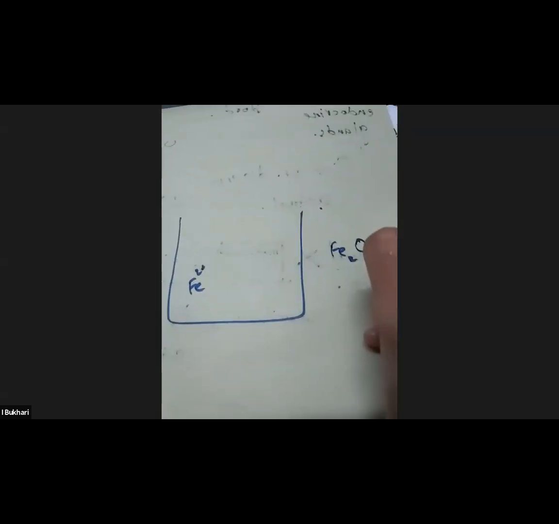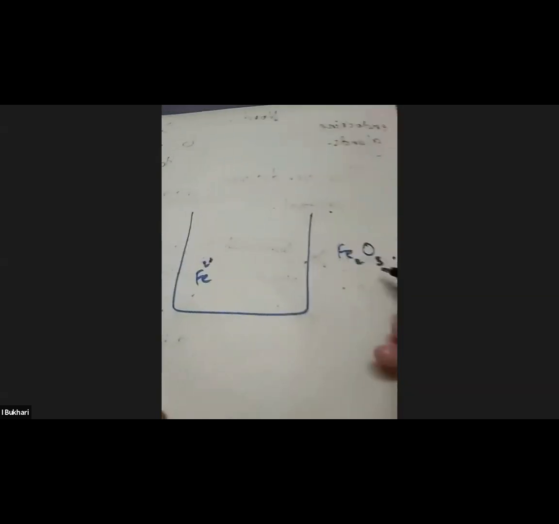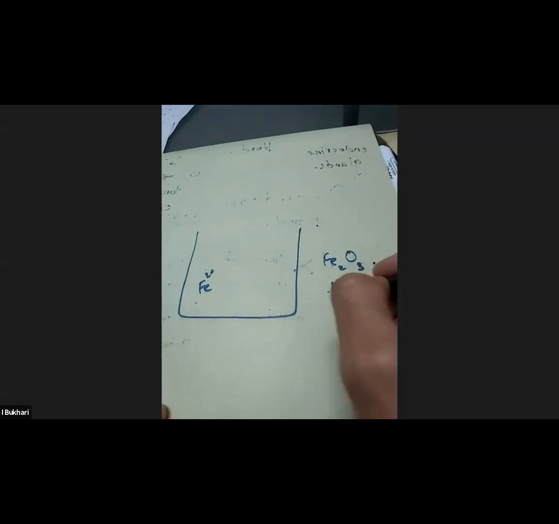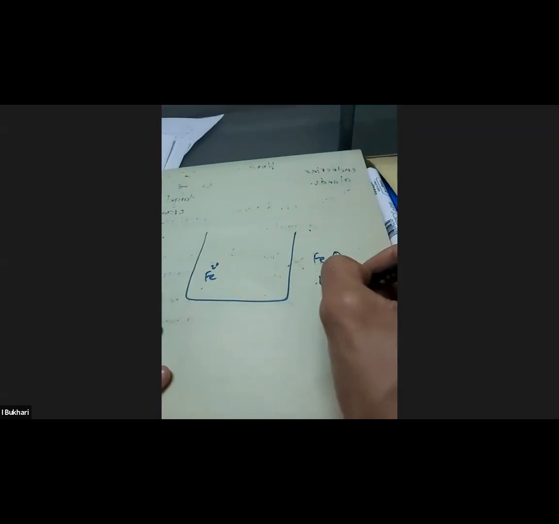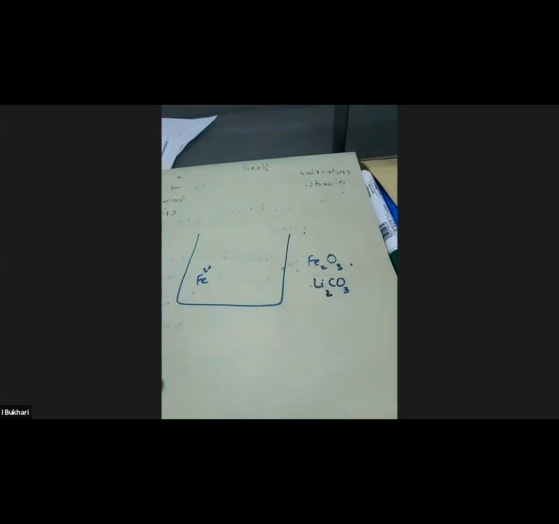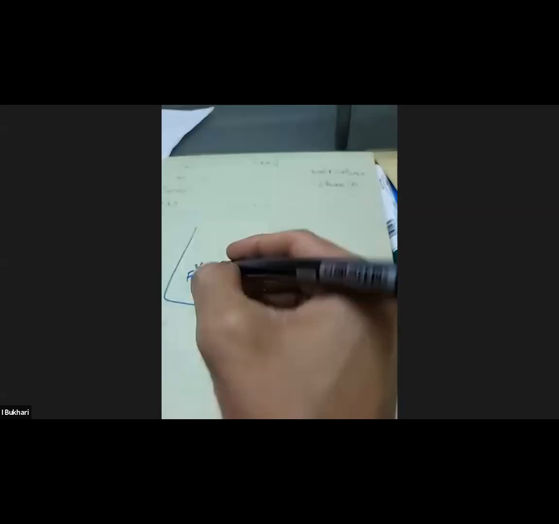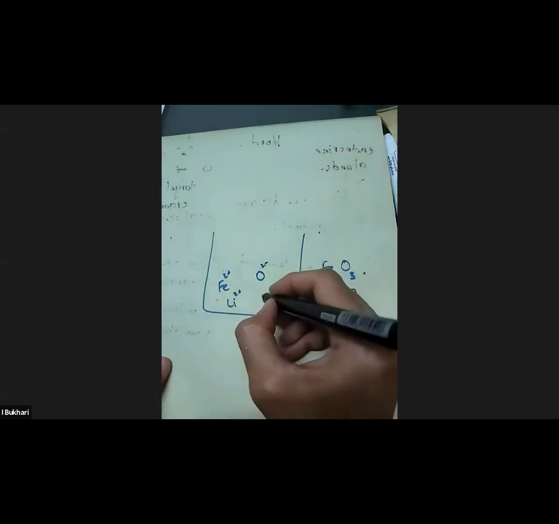Yes, okay. So we have these compounds: iron(III) oxide, which is hematite, and molten lithium carbonate. So cations are iron and lithium, anions are oxide and carbonate.